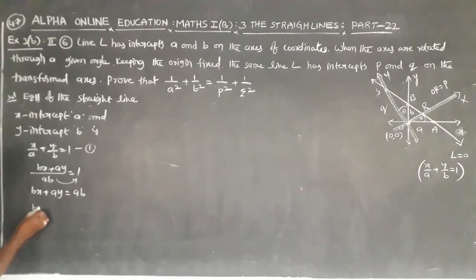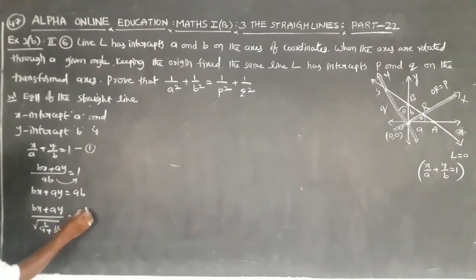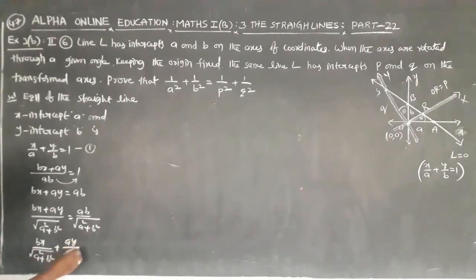Dividing both sides by root of a square plus b square: bx by root of a square plus b square plus ay by root of a square plus b square is equal to ab by root of a square plus b square.